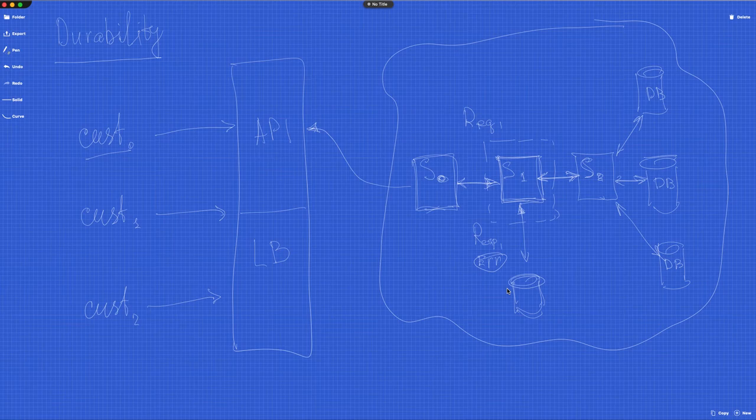But using durability in a correct way, we can survive this situation in such a way that customer 0 doesn't even know that somewhere here there was an error, or one error or many errors, doesn't matter. So how is that possible? Again, let's go back to the situation where service 1 returns an error.